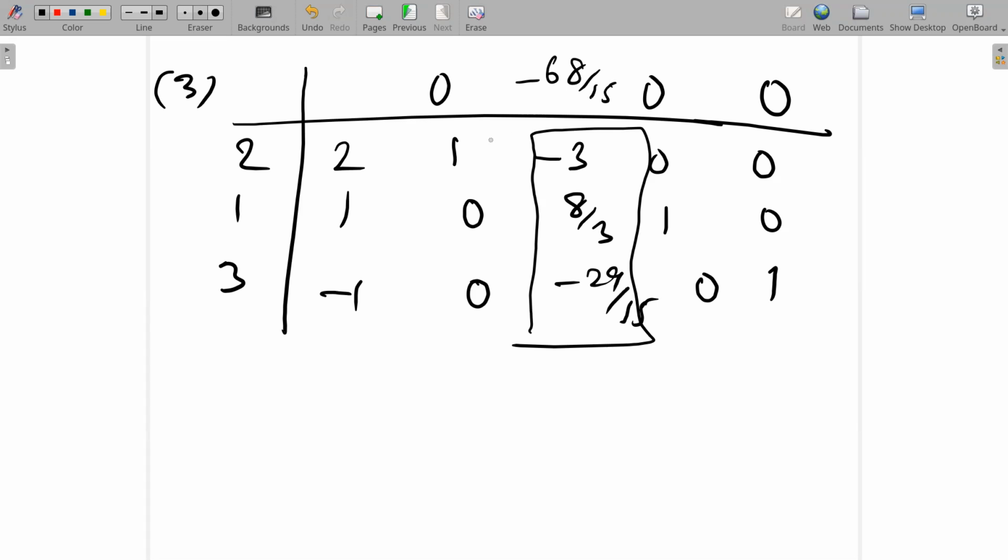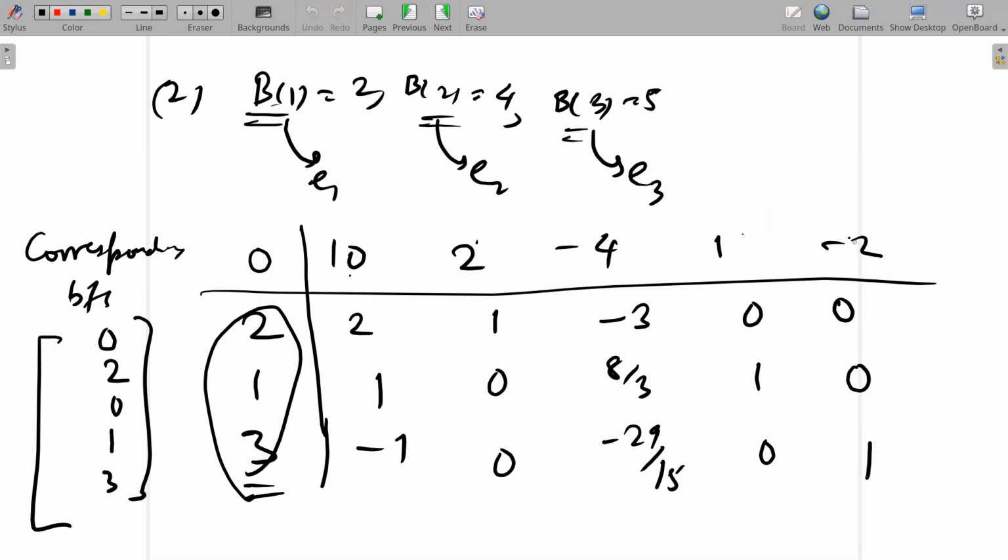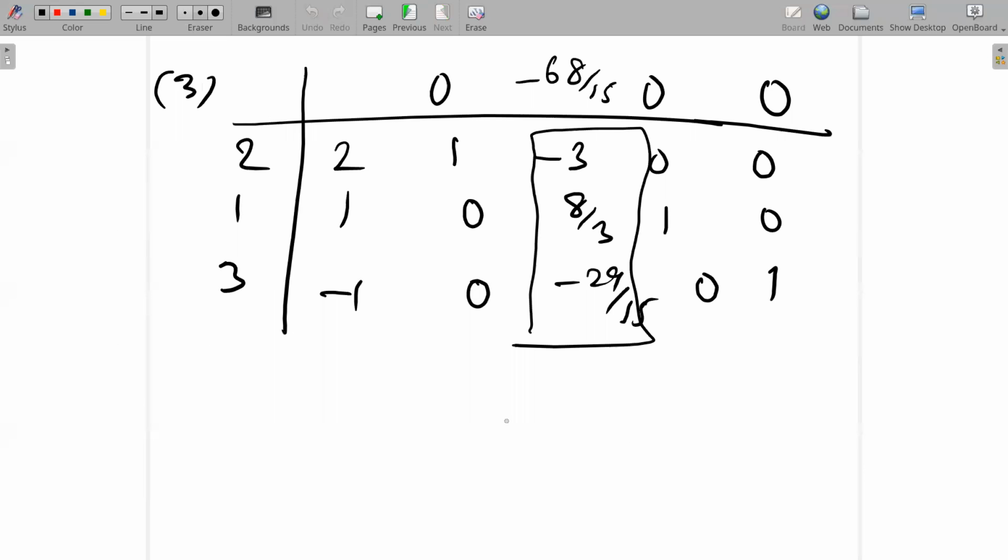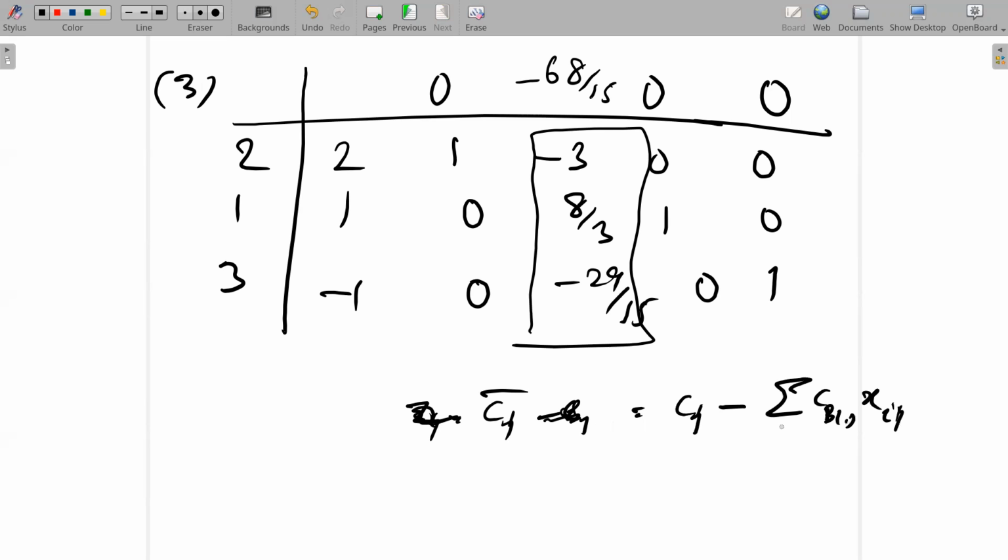So how am I doing those steps? I'm essentially subtracting from Cj. So these are the Cjs: 10, 2, minus 4, 1, minus 2. Those correspond to the original cost function. Then I'm subtracting. So the modification, or rather I should say Cj minus Zj, or Cj bar, to avoid confusion, is Cj minus the summation of Cbi xij.